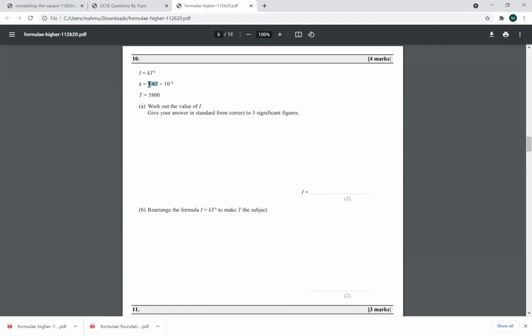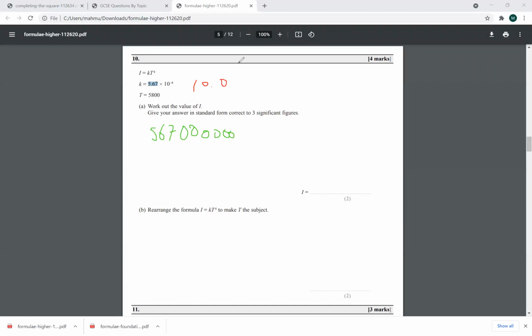Okay, I don't think I taught you standard form. So normally in standard form, I've got this as 10.0, that's normal 10.